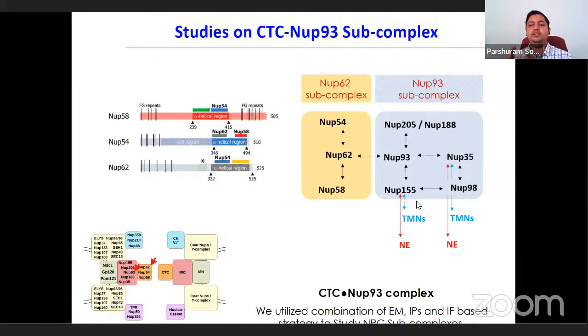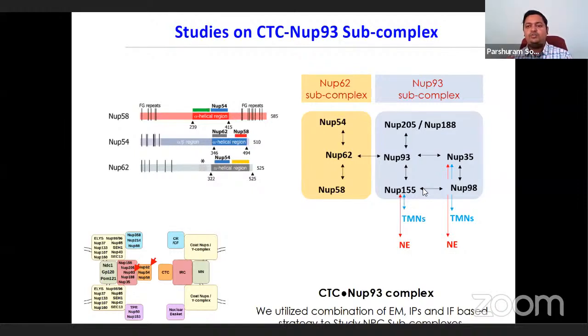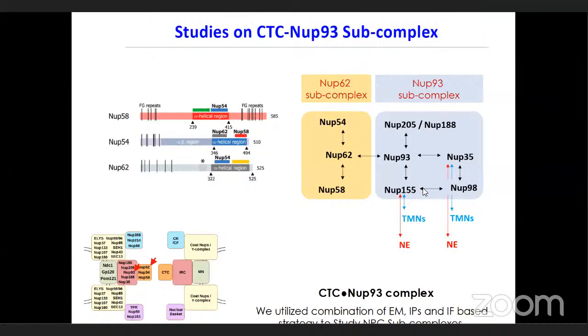The main constituent of the adapter complex is a protein called NUC93. Its molecular weight is 93 kDa. This NUC93 interacts with another set of nucleoporins in the NUC93 subcomplex. Altogether, these two complexes make the major chunk of the nuclear pore complex present in the central plane of the NPC.